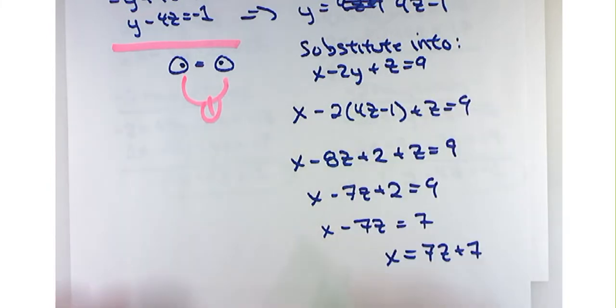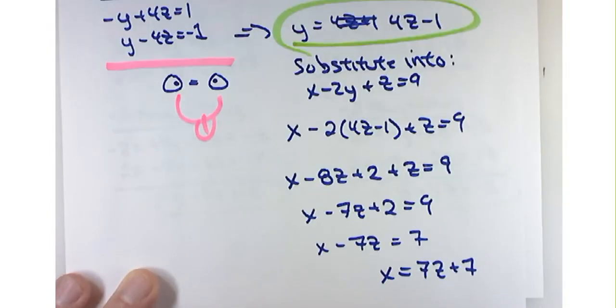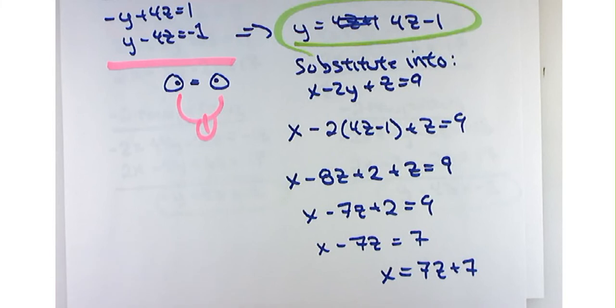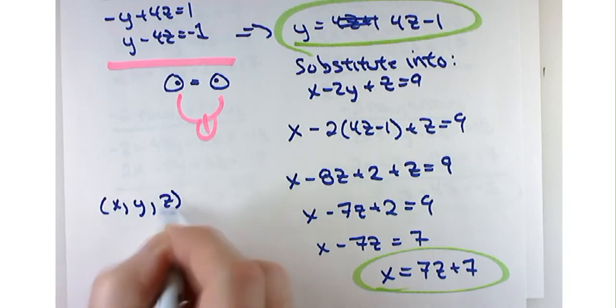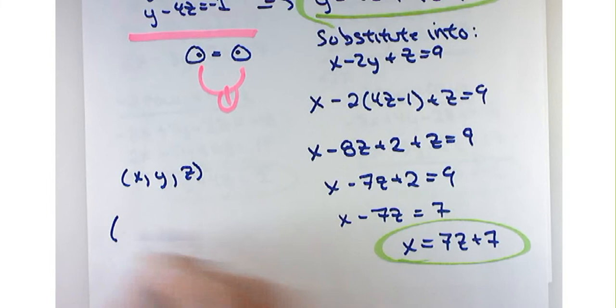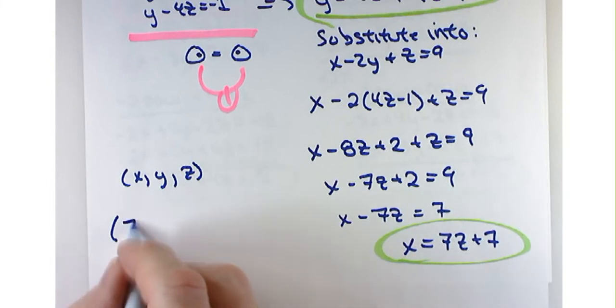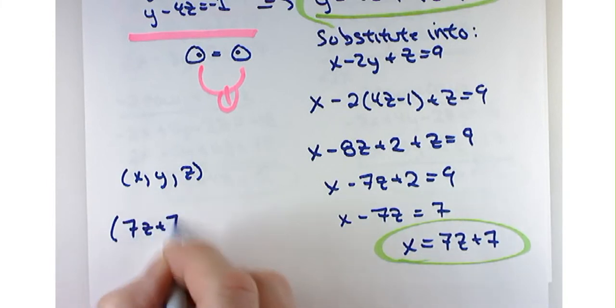One of them is up here. Y equals 4z minus 1. And thanks for catching that. And the other one is down here. So as far as an ordered triple are concerned, x, y, and z, it's going to look like this. 7z plus 7.